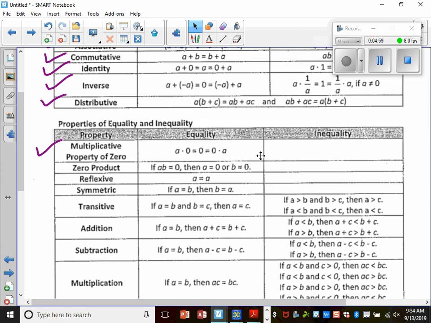To me, that's a common sense property. 3 equals 3, 4 equals 4, a number has to equal itself. It could also be an expression like y plus 3 equals y plus 3. You're seeing the same thing on both sides. So I usually tell students, and of course I'm changing the word to reflection instead of reflexive, when you look at yourself in the mirror, hopefully yourself is looking back at you.